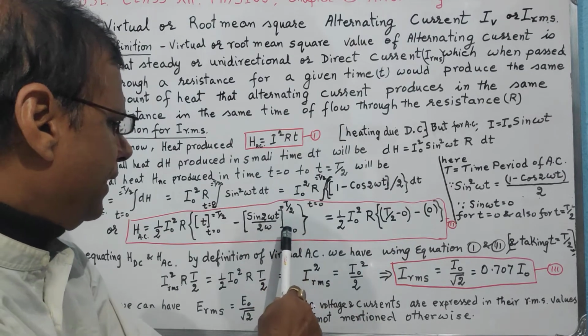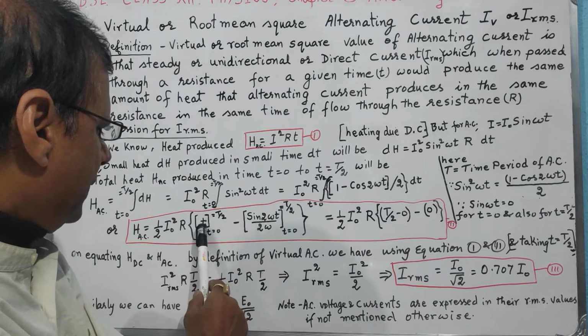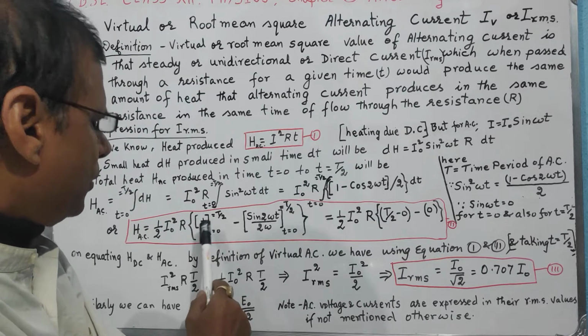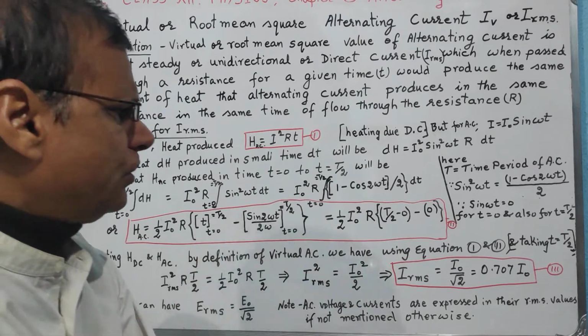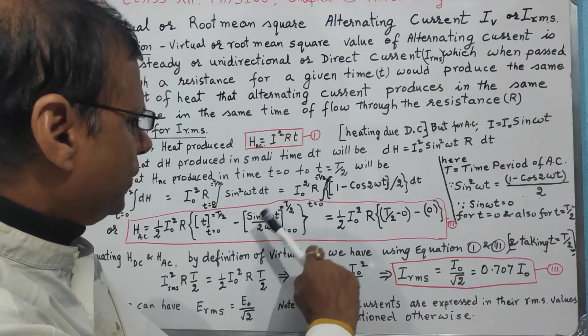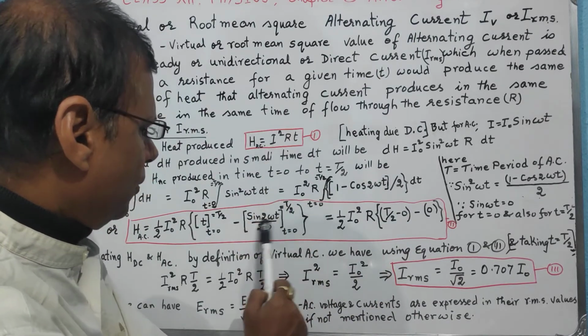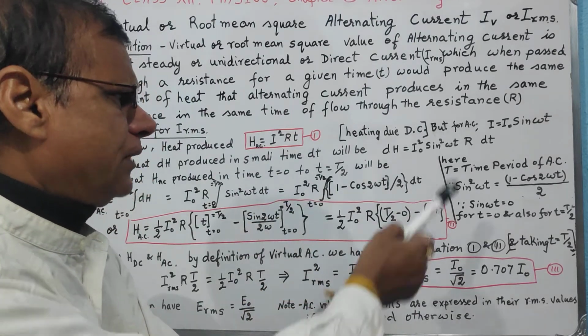On putting the limits, you see the first term becomes capital T by 2, because t is equal to 0 the second term becomes 0. And this term sin 2 omega t is 0 whether small t is taken equal to 0 or small t is taken equal to capital T by 2.